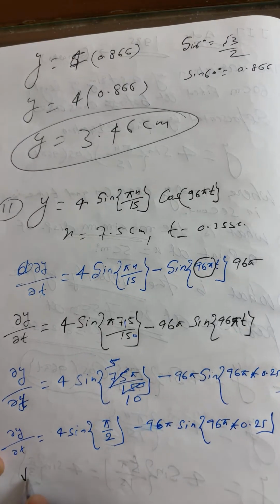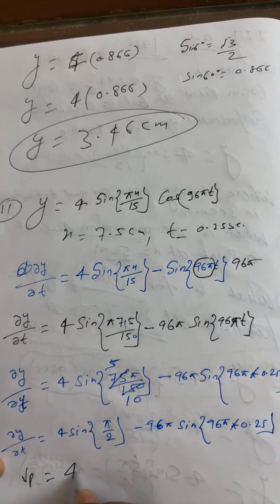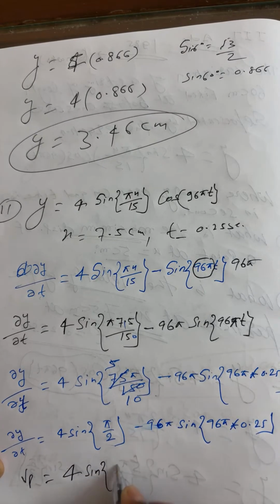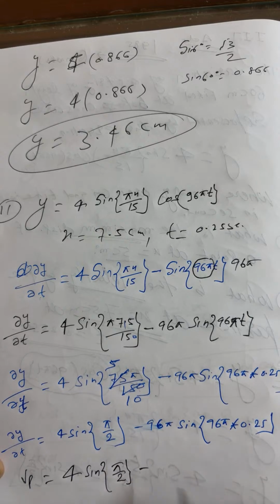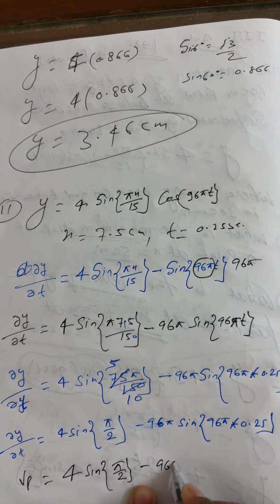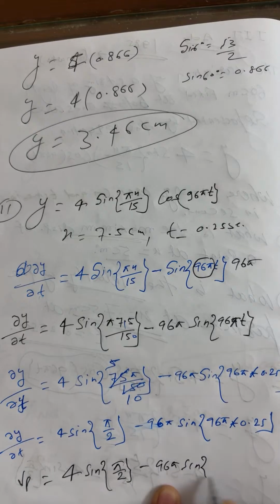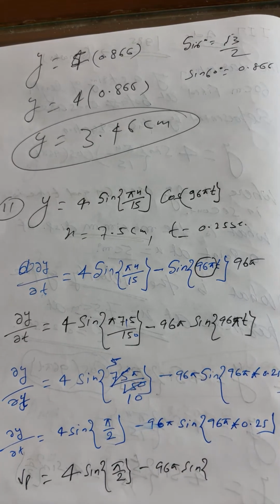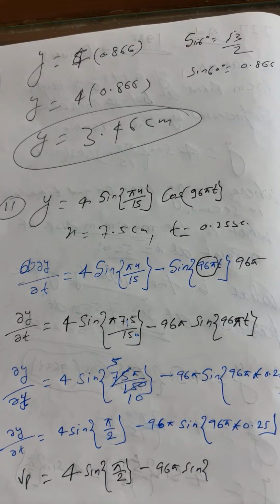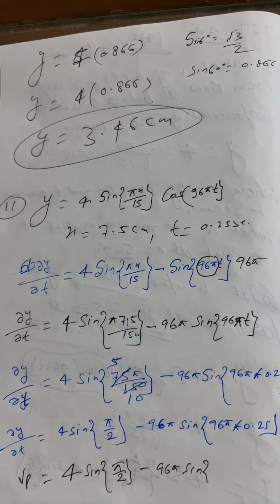So you can write here, velocity of particle is 4 sine pi by 2 minus 96 pi beta. Just multiply, anyone from all of you. This is 96 into 3.14 into 0.25.